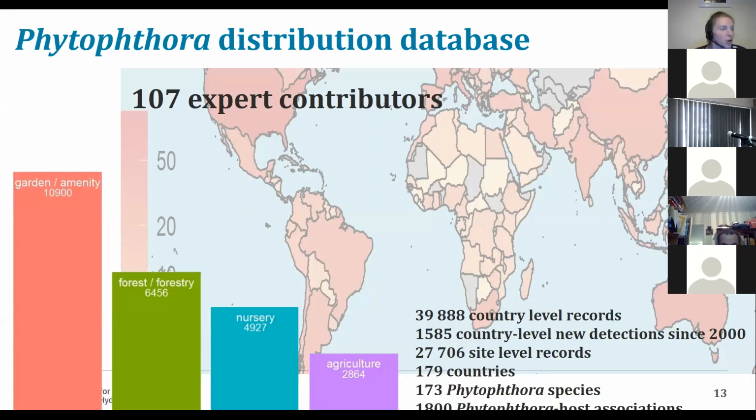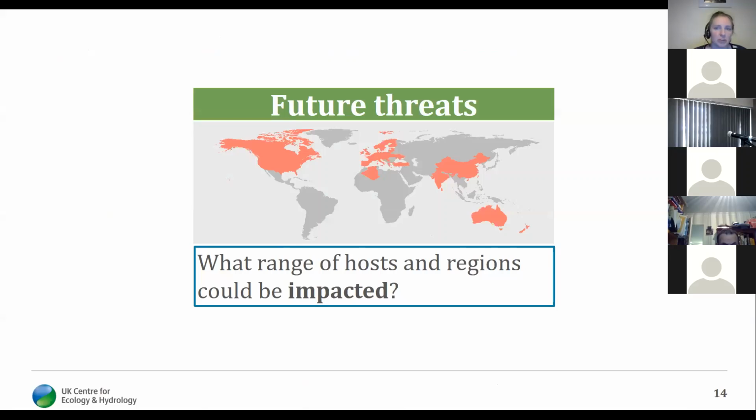And there's more than 100 pathologists on multiple continents who contributed to bringing together distribution and host data for Phytophthora from nurseries and gardens and agriculture, horticulture, forestry and natural environment. And this means we can examine the global distributions of 173 Phytophthora species at country level, looking at where and when species have been detected for the first time. And we also have some finer grain data. So this is around 27,000 georeferenced occurrences to help explore the environmental risk factors for establishment.